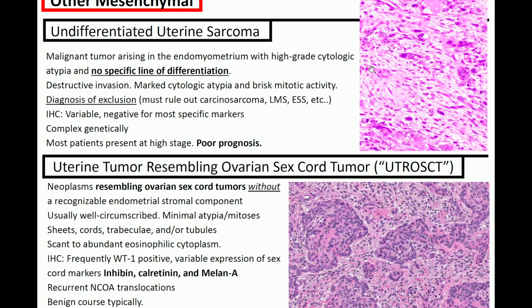So you must rule out a carcinosarcoma, an LMS, or an endometrial stromal sarcoma, and other entities. For IHC, an undifferentiated uterine sarcoma is going to be variable with negative IHC for most specific markers. Complex genetics, and most patients present at a high stage with a poor prognosis.